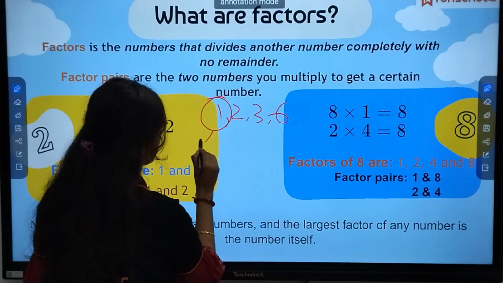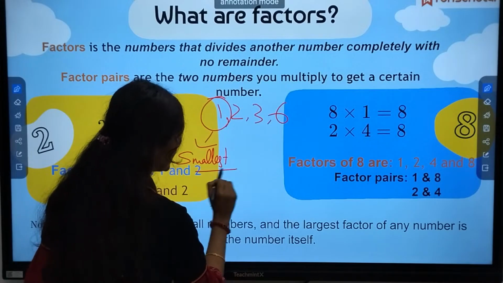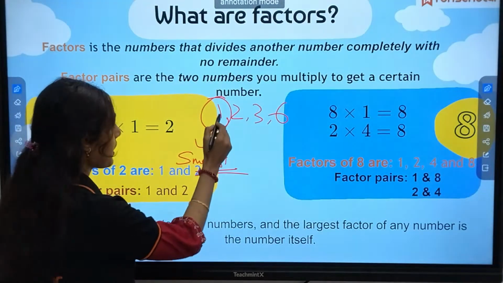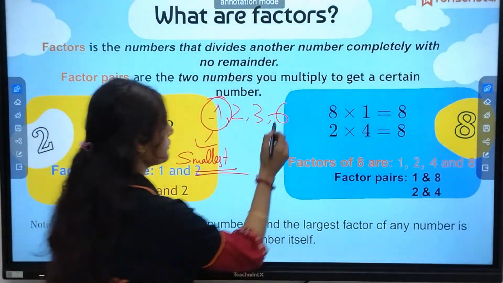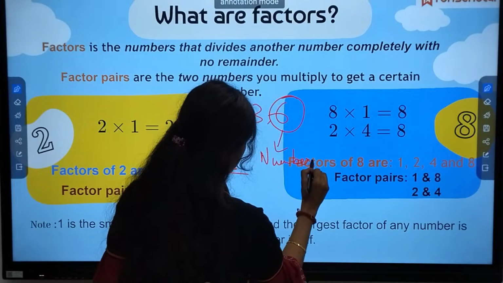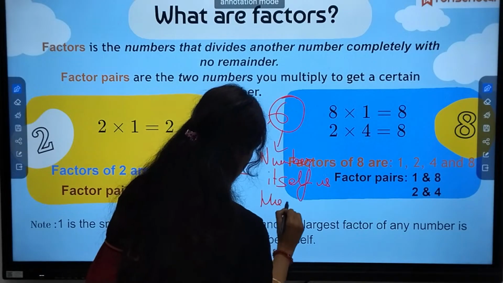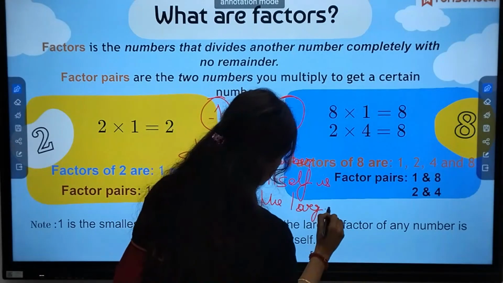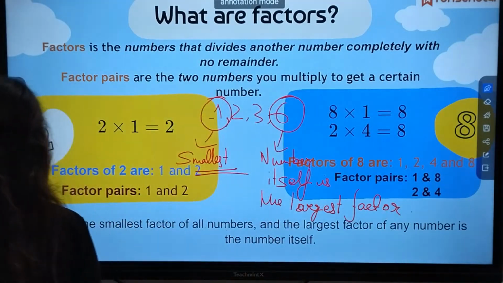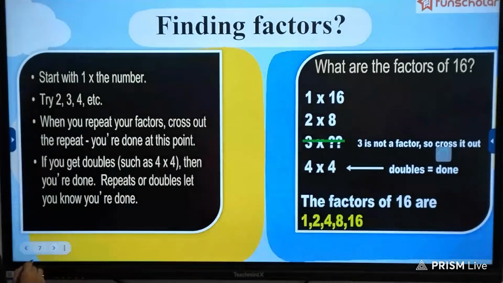So the smallest factor is always 1 for any number, and the largest factor will always be the number itself. Easy? I hope you have understood the concept of factors and multiples.